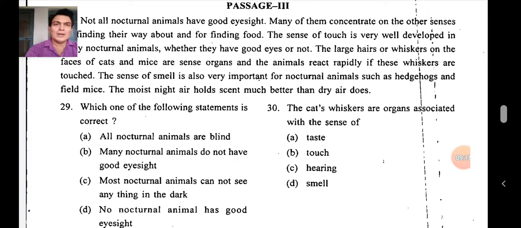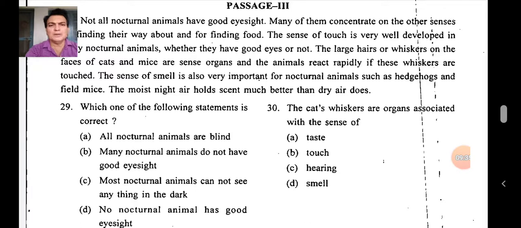Many nocturnal animals do not have good eyesight. We can think about B, but A, you eliminate. So using the formula of elimination, you eliminate A.